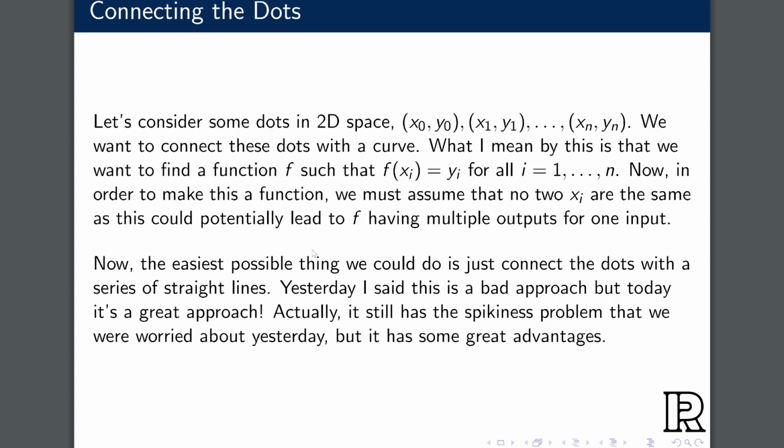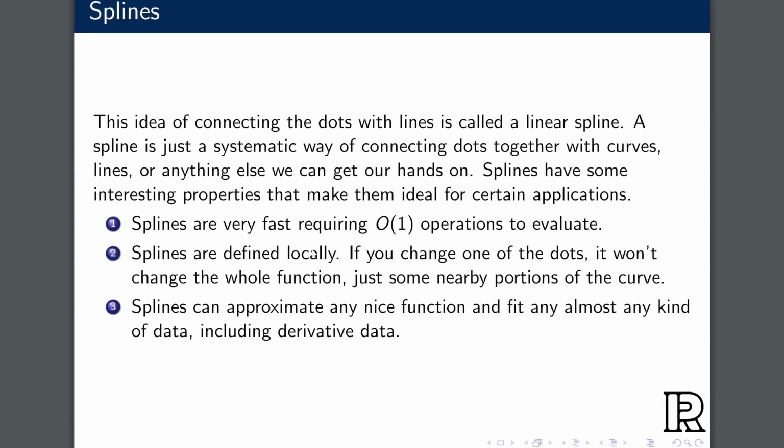Now, that's not quite true, but what is true is that we're basically willing to accept that there's going to be some spikiness in exchange for the benefits that this approach will give us. So let's look at those benefits. This idea of just having some dots and connecting them by lines is very simple, but we still like to give it a name.